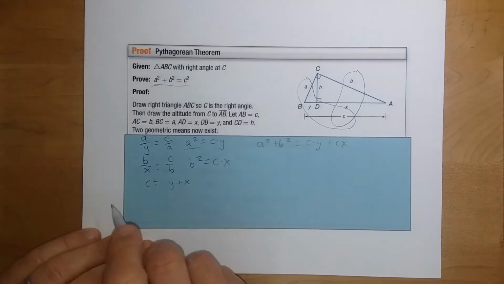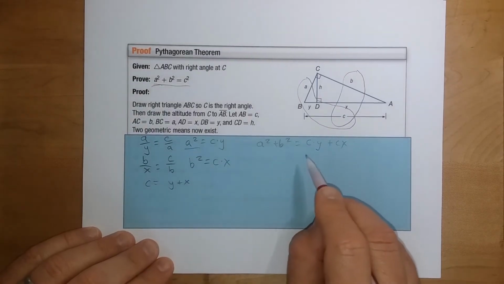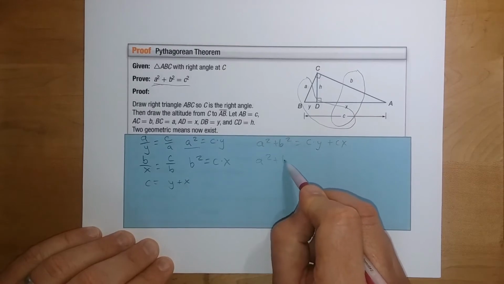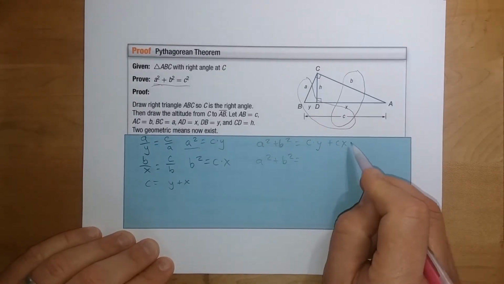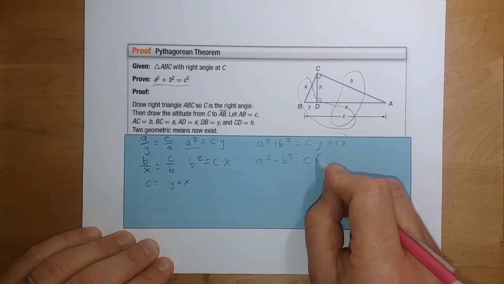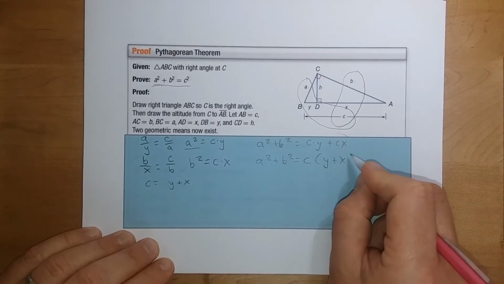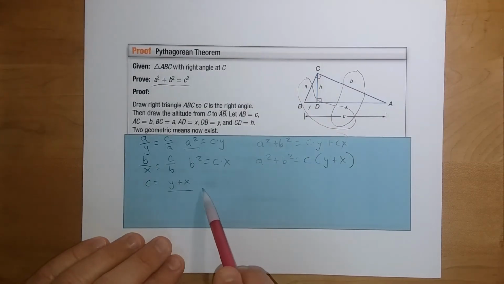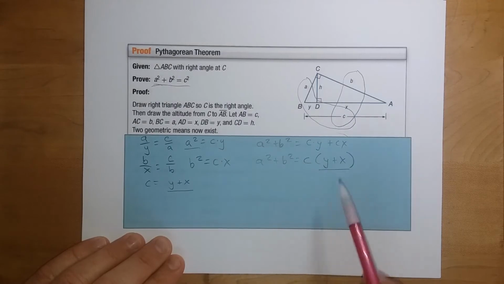So we could go ahead and factor out a c from both of these terms. We'd end up with c times y plus x. If you're paying attention, you might notice that we have a substitution here that we could do.